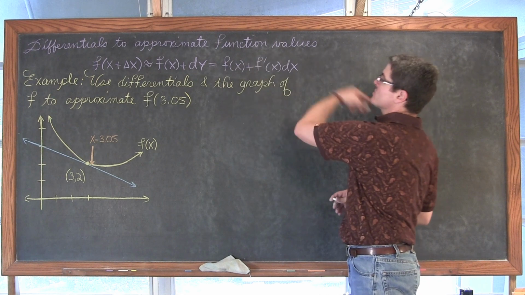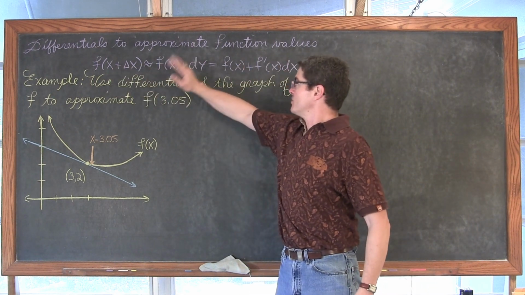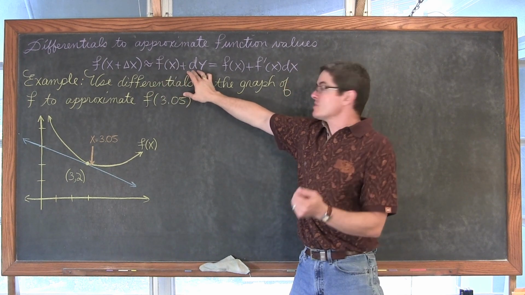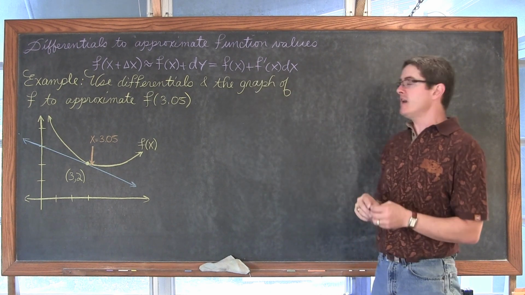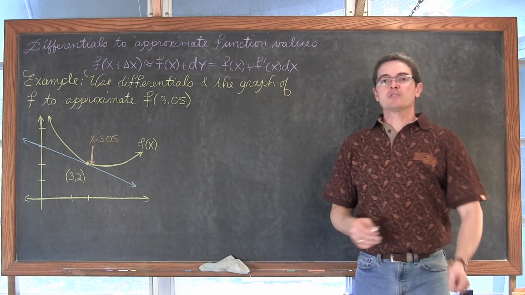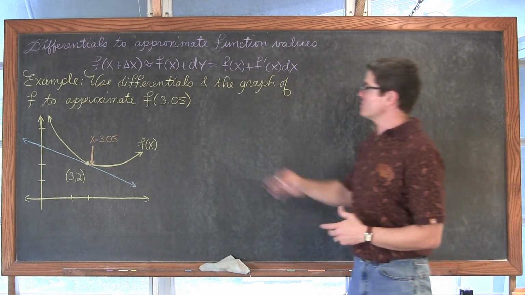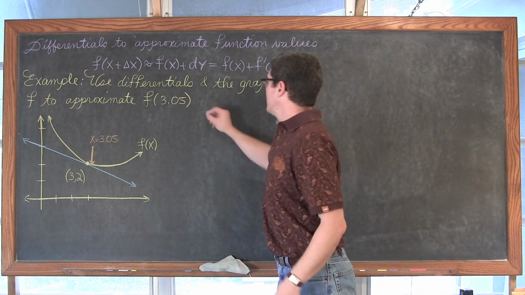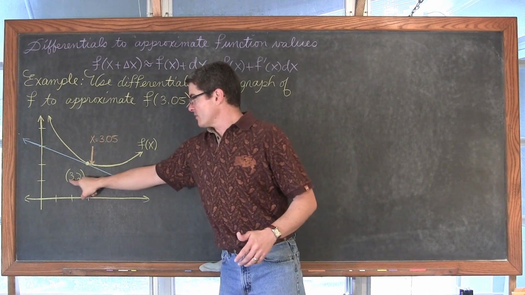Use differentials to approximate function values. F of x plus delta x is approximately equal to the original function plus the differential of y. Again, that's the tangent line approximation, which is equal to f of x plus f prime of x dx, because the directions say use differentials in the graph of the function f to approximate the value of the function at 3.05. All right, so we need to find f of 3.05.